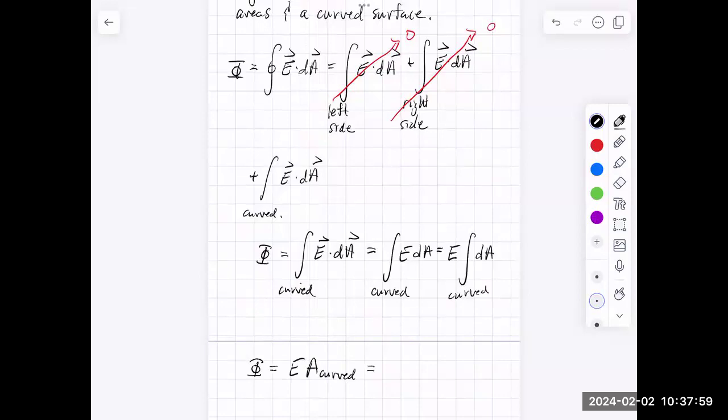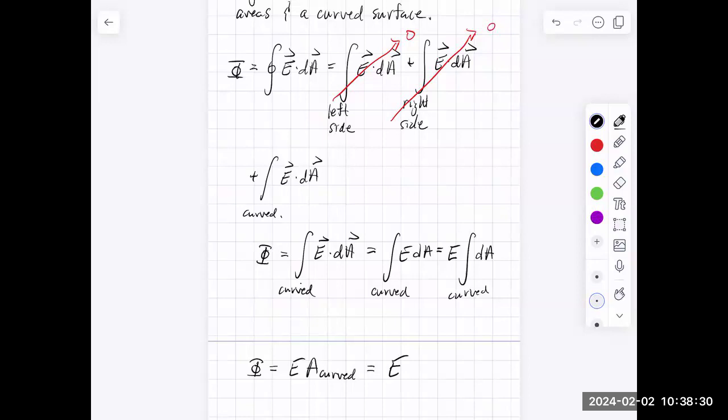What's the area of the curved part of a cylinder of radius R and length L? Well, you could imagine taking that cylinder, cutting it along the length and then unwrapping it. When you unwrap it, you get a rectangle. The length of one edge of that rectangle will be the length of the cylinder, and the other edge will be the circumference, 2 pi r.